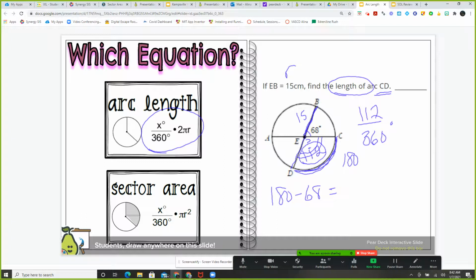And then I'm using the length. So I need to do 2 pi times 15.